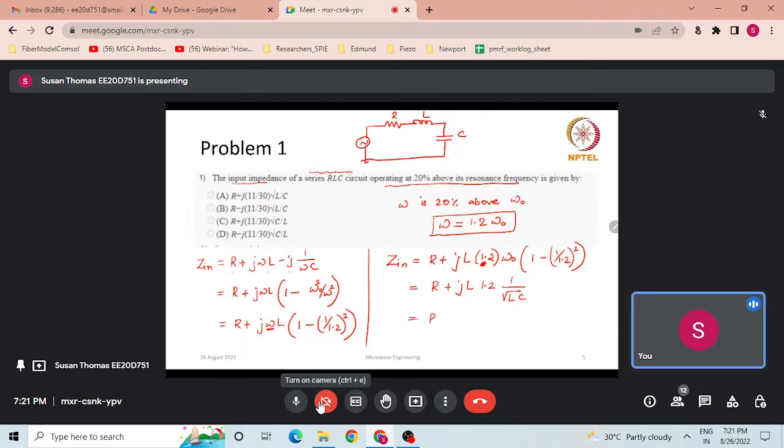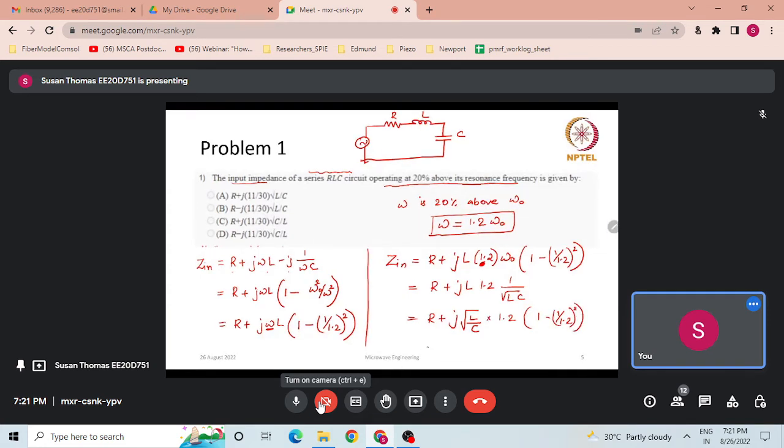So you get R plus j root L by C into 1.2 into 1 minus 1 by 1.2 the whole square.